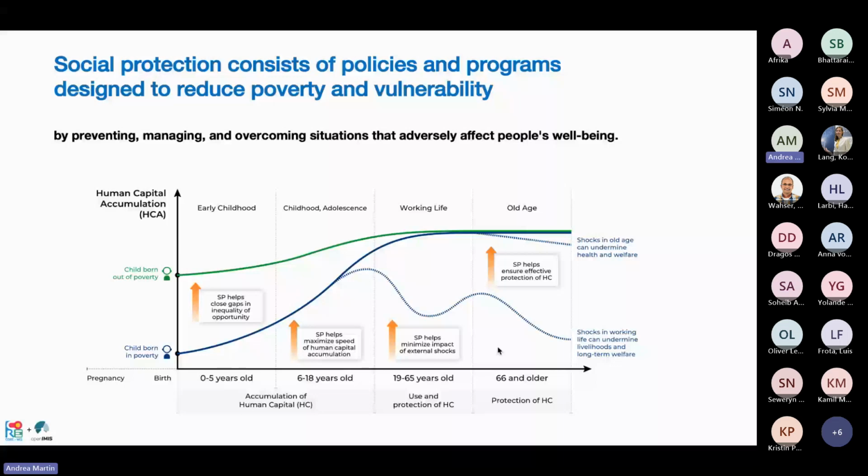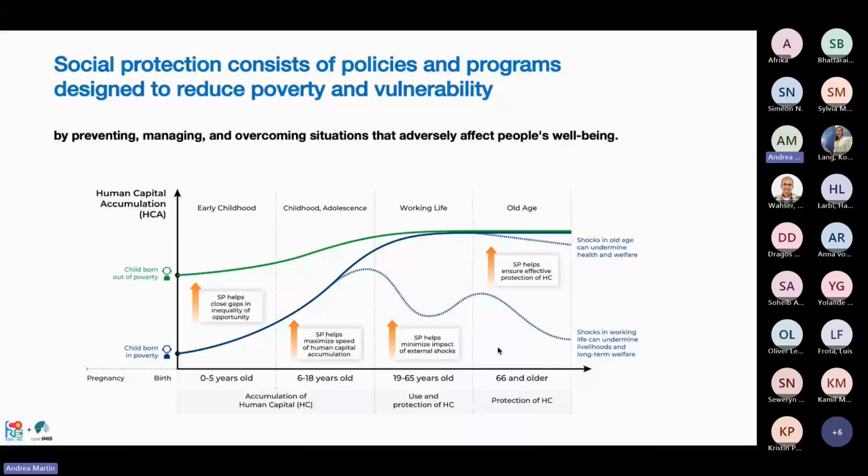And the two lines that we display are two possible paths. The one in blue is the one of a child which is born in poverty, and the one in green is the one of a child which is born out of poverty.